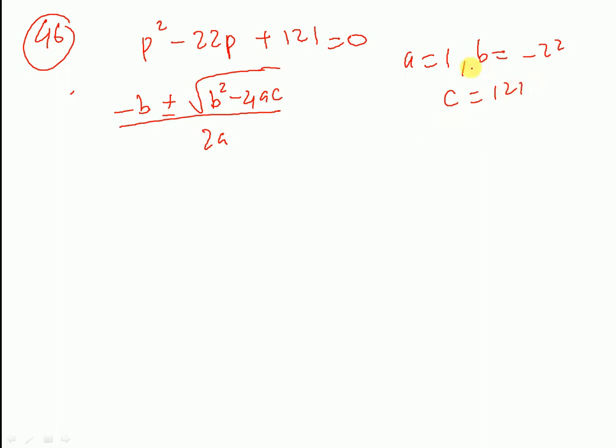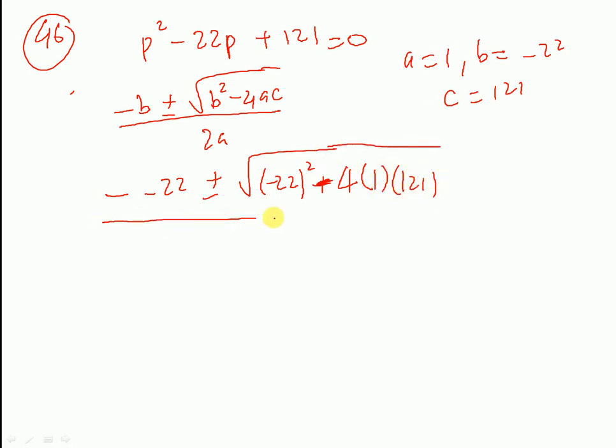So plug in directly to this formula. Minus b, which is minus 22, b squared, which is minus 22 squared, plus minus 4, a is 1, c is 121, over 2a, or 2 times 1.